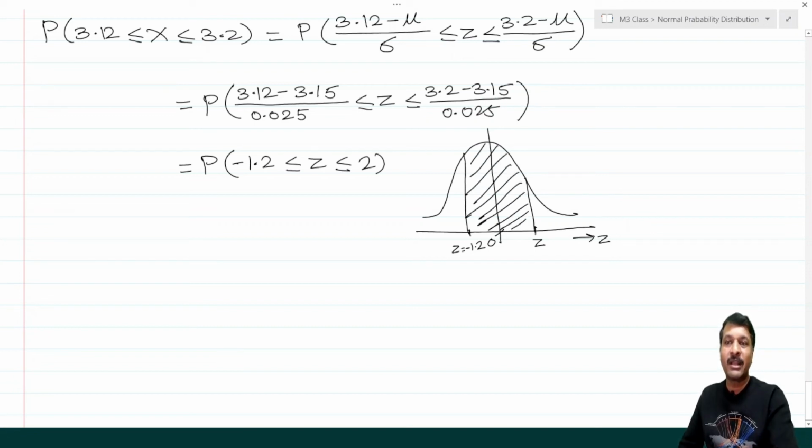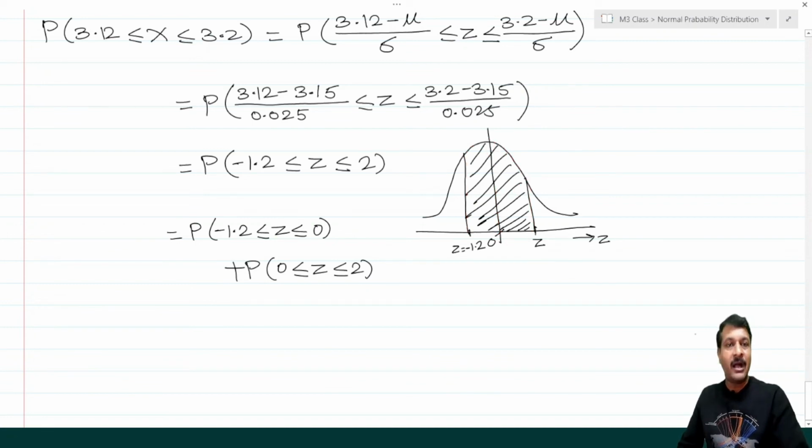But normally area z equal to whatever the value we are going to consider from 0 to, and that is why same thing I can write as the area minus 1.2 to 0 plus probability of 0 less than or equal to z less than or equal to 2.